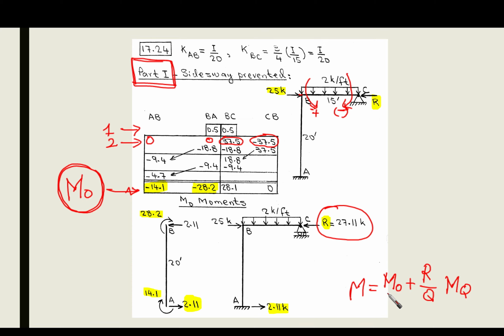Do you remember this? So from sidesway prevented, which is part 1, we are going to get M node and R. That's what we are going to obtain. And then from the next step, we are going to obtain Q and MQ.